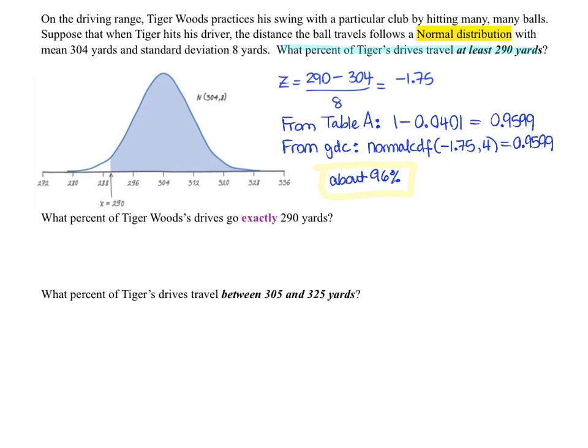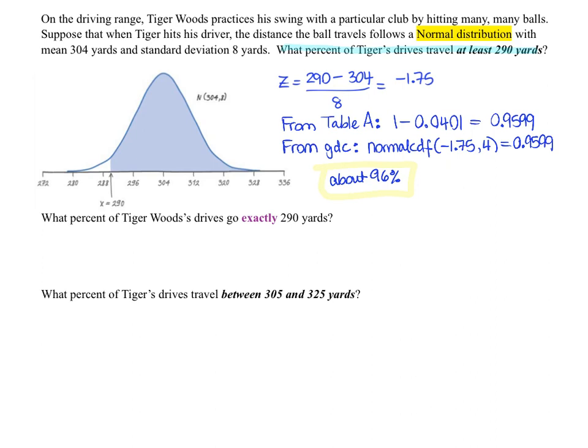Now let's talk about what percent of Tiger Woods' drives go exactly 290 yards. If you have been a student of calculus, then you know that you cannot find the area under a single value or above a single value.